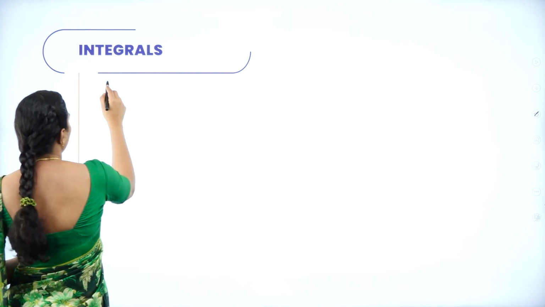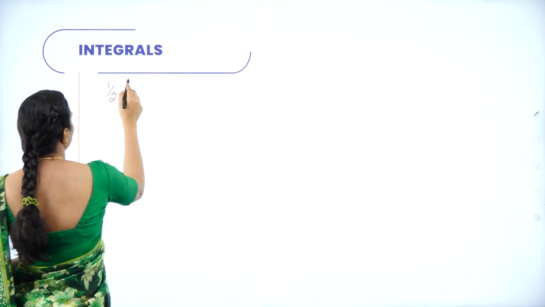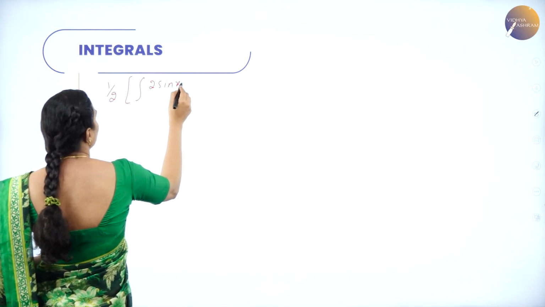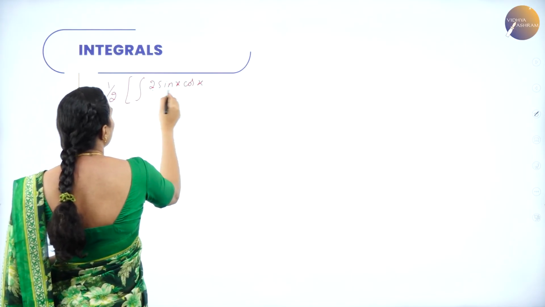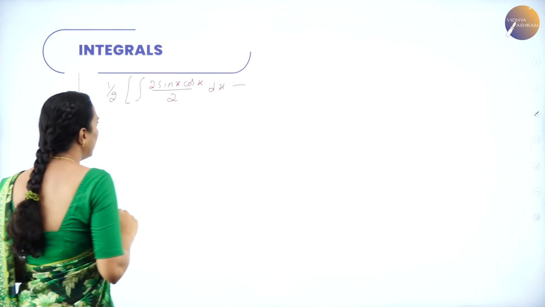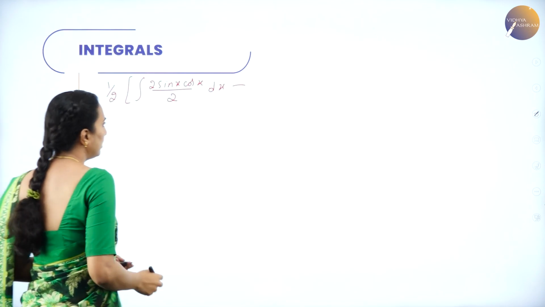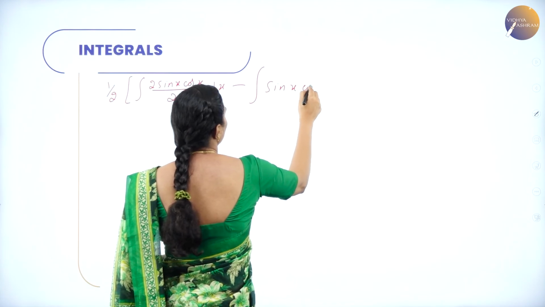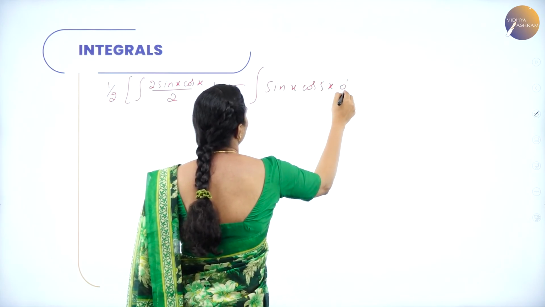So 1 by 2 into integral of 2 sin x into cos x divided by 2 into dx minus, here again, sin x into cos 5x into dx.